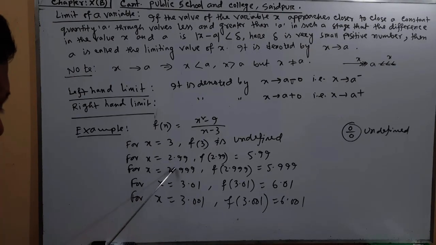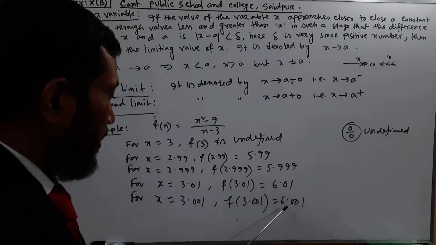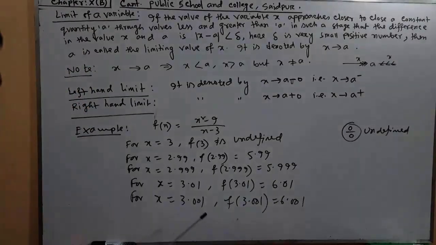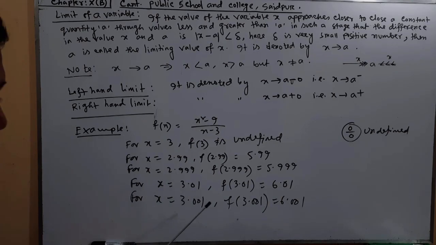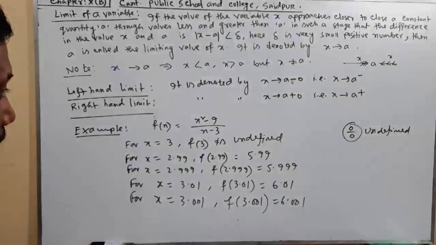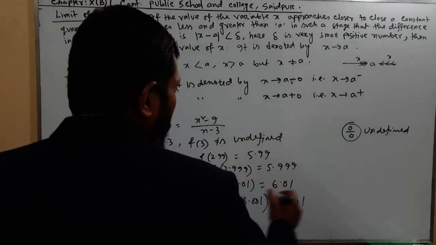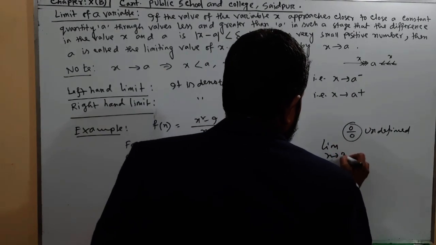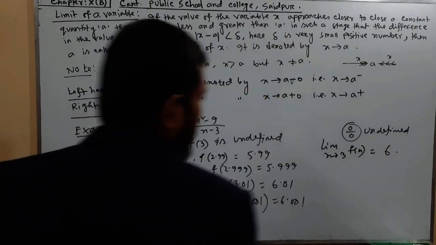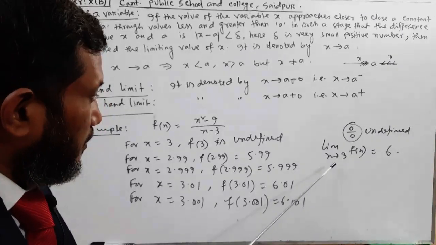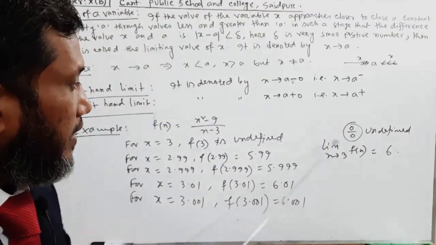Putting these values in the function, we get 6.01 and 6.001, also very close to 6. So the limit of this function as x tends to 3 is 6.